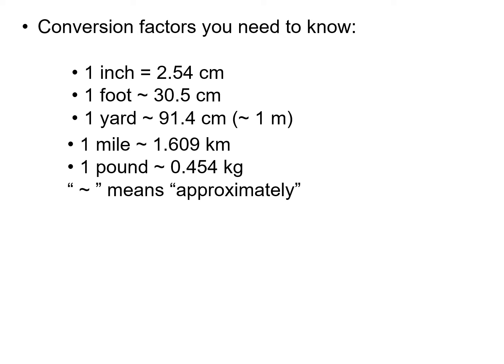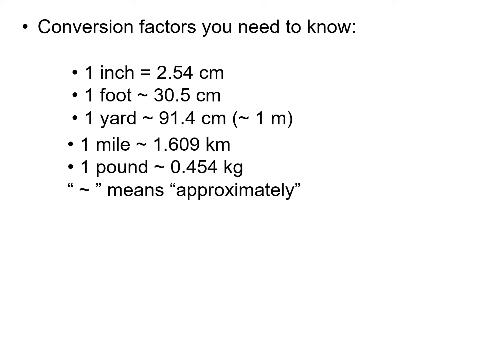So when we're converting our factors, we need to know some stuff. In your exams, as I mentioned in the videos, I'm giving you conversion sheets and the equations so you don't have to memorize this stuff. But 1 inch is 2.54 centimeters. 1 foot is 30.5 centimeters.